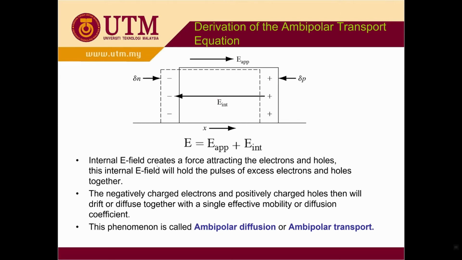This internal electric field creates a force attracting the electrons and holes and holds them together. When they move from left to right together, electrons and holes drift and diffuse with a single effective mobility or diffusion coefficient. This phenomenon is what we call ambipolar diffusion or ambipolar transport.